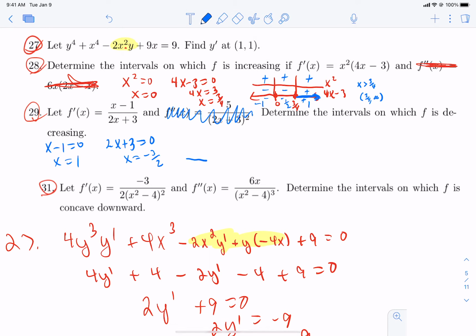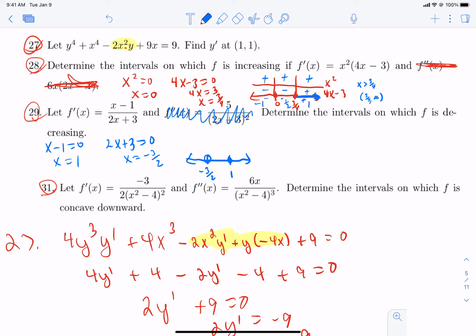We're going to make a plus-minus chart. Put it in least to greatest order on the number line. The bottoms always get open circles. The tops always get closed. Just because you know one is an asymptote and one is a point of inflection or a critical point.